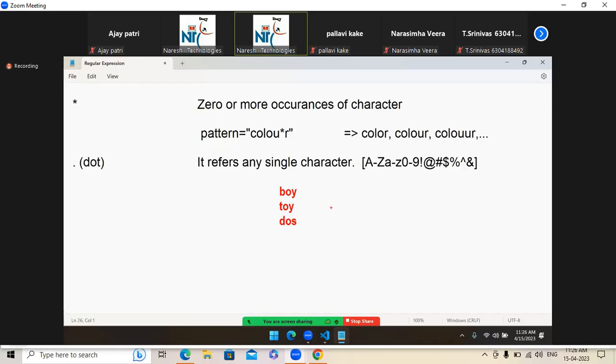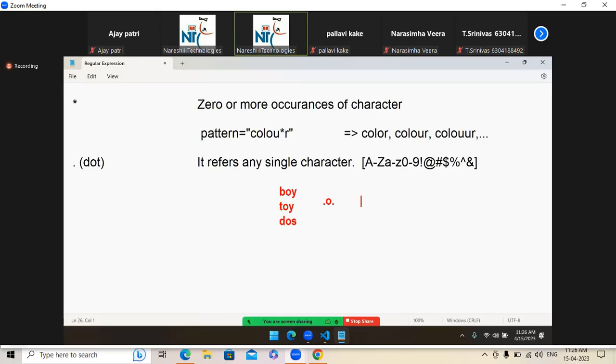Then we can write the pattern like this, dot O dot. This indicates a total length of 3. In the middle, O is compulsory. The first and second characters can be anything.